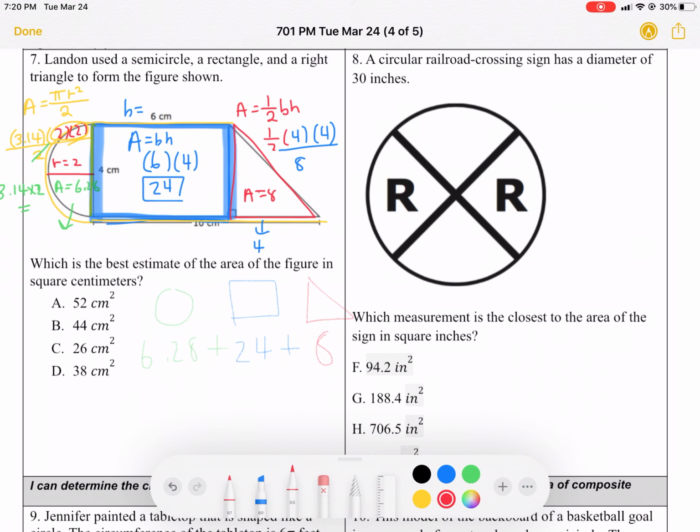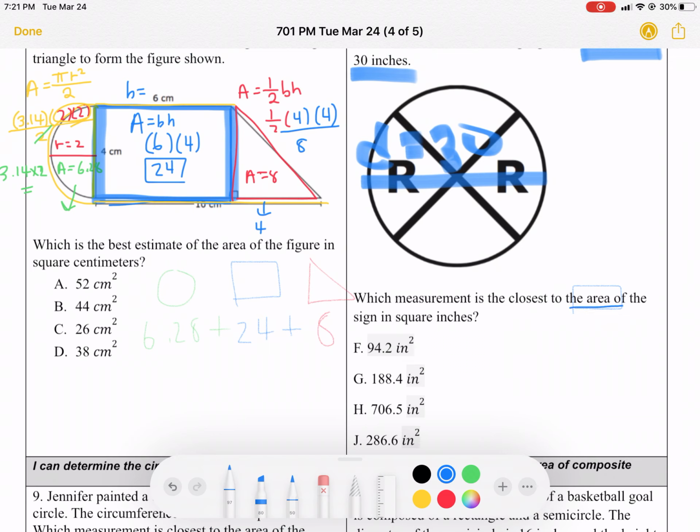All right, number 8. A circular railroad crossing sign has a diameter of 30 inches. Which measurement is closest to the area of the sign? So I'm looking for area, and it says diameter is 30. So I need my formula: pi times radius squared.